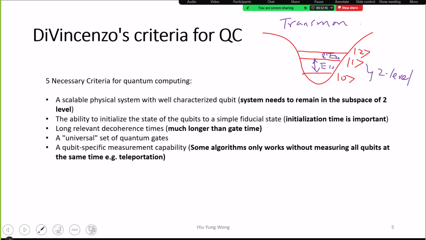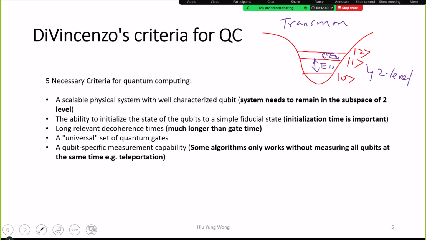If you remember, ask yourself what is the meaning of 0 and 1? That's the fluxon state, right? It is not the excess number of Cooper pairs. Then we ask whether we can initialize the qubit for transmon. We did not really discuss much, but we can use thermal reset.